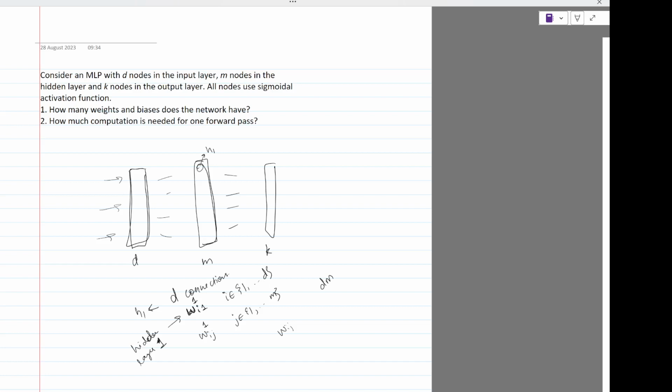And if each node has a bias, then you will have M biases. Similarly, from here to here, you will have MK plus K biases.